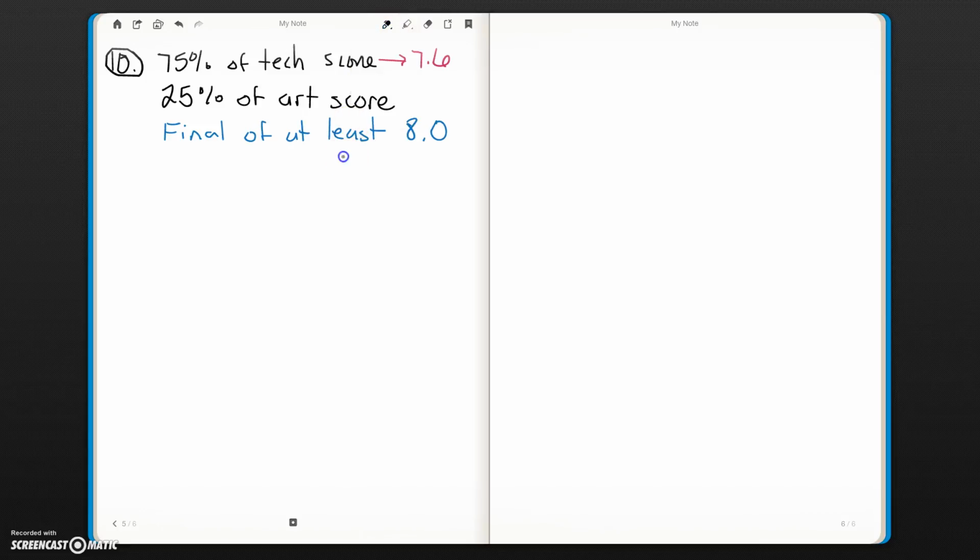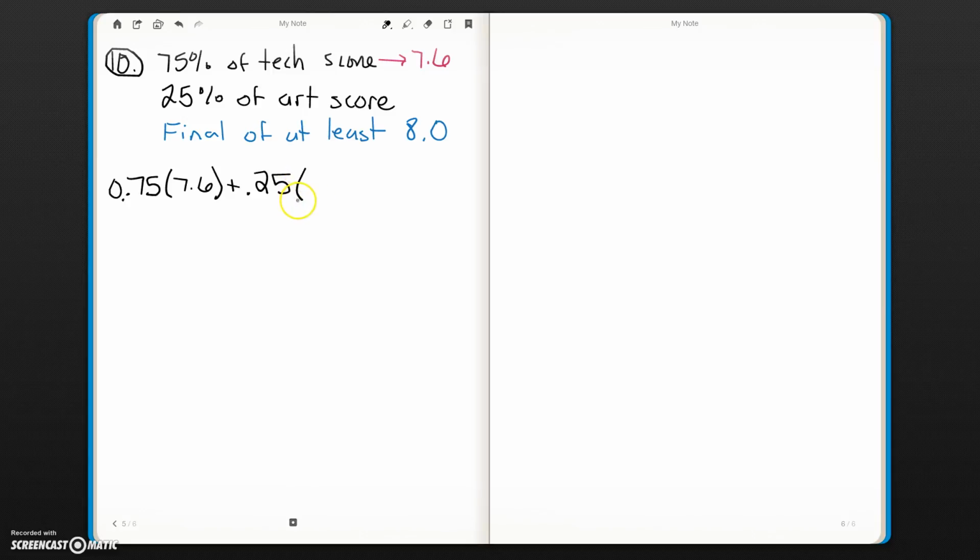Okay, so there's a couple things you have to understand. First of all, if it's 75% of one score and 25% of another, this is going to be a weighted average problem. Okay, so 75%, they already have a technical score, so it's 0.75 of a technical score average of 7.6. And we want to add that to 0.25 of their art score.